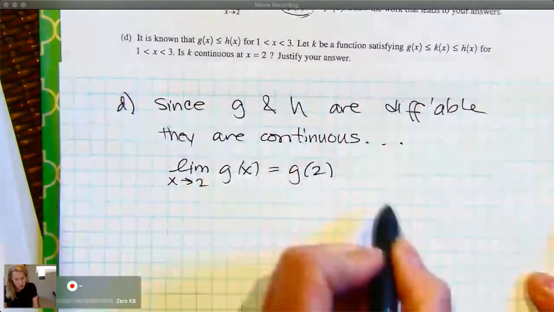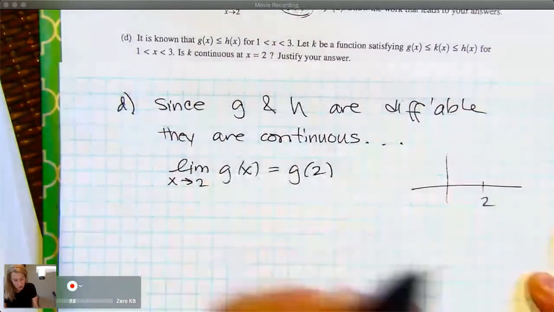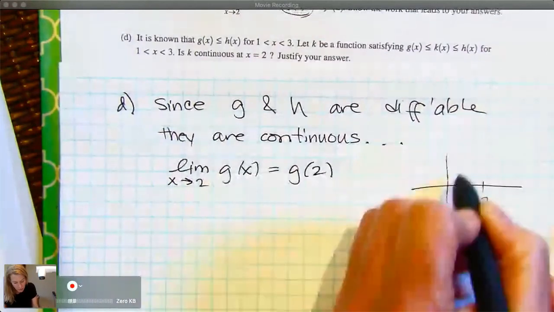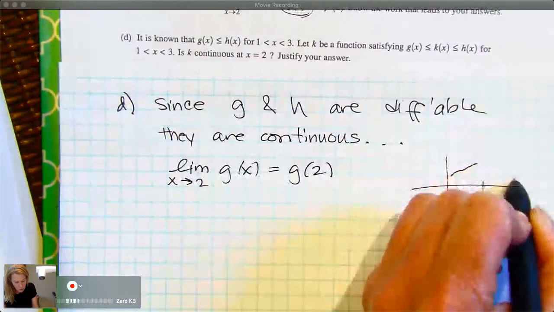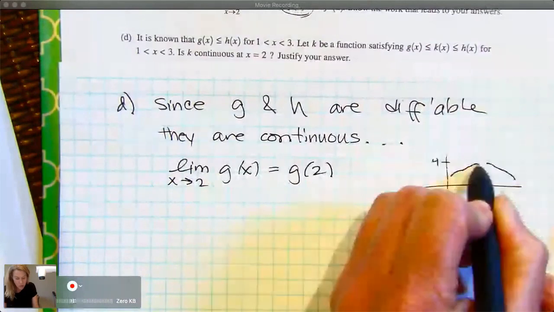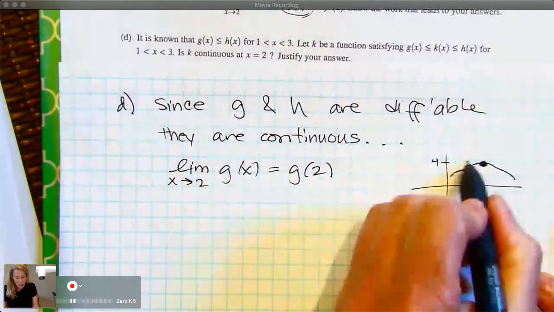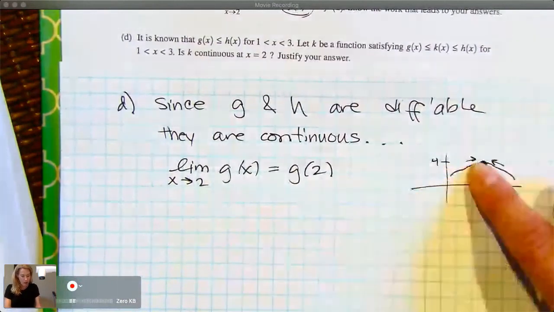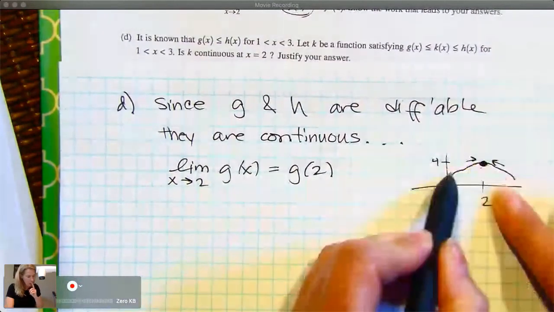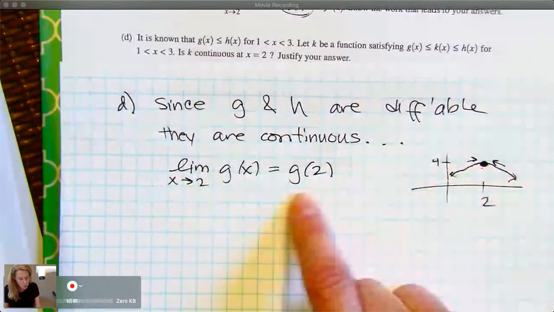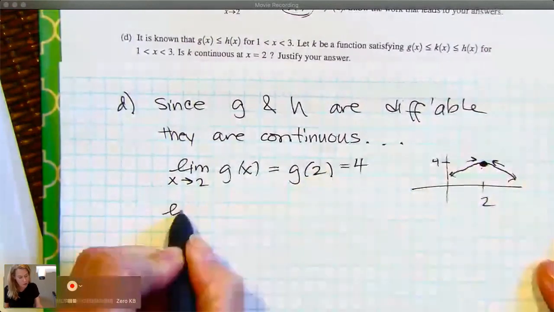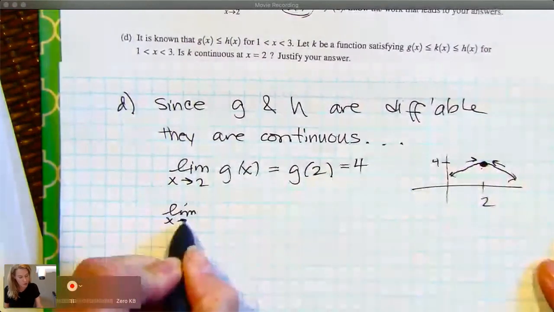At x equals 2, for whatever this g function looks like, not only should the limit from each side be approaching 4, but the point should be there at 4. Not a hole there and a point somewhere else, which would be discontinuous. We want the limit from each side to equal the output value, which is what we have here. So we know that is true and equals 4, and we also know this is true for h of x as well.